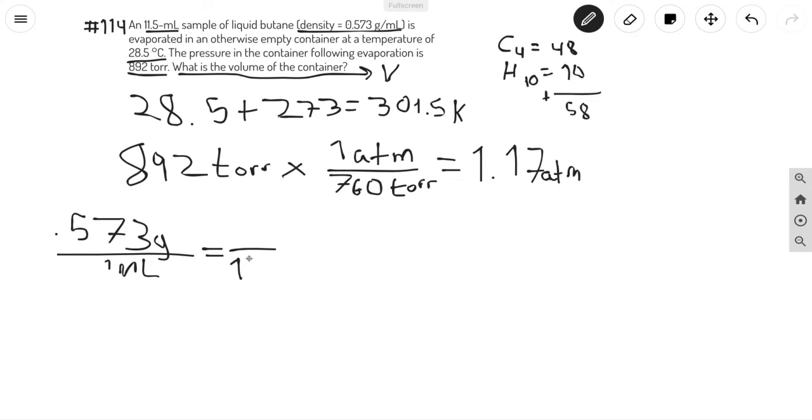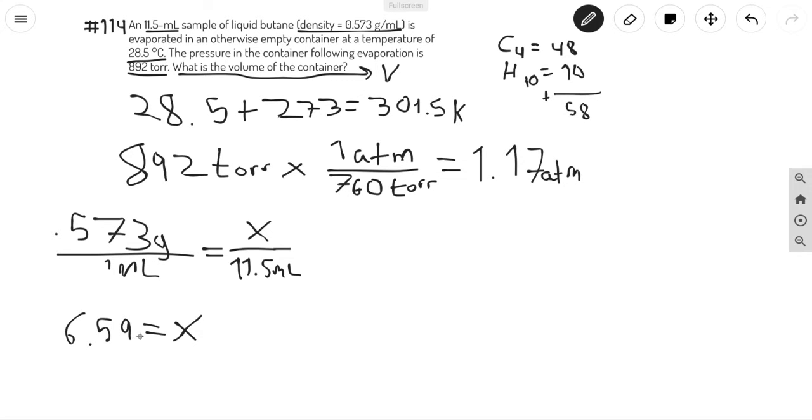So I'm just going to write 11.5 ml. And then we want to find out the amount in grams. So we're just going to be solving for x. And then to solve, you would just multiply both sides by 11.5. And then you're going to get 6.59 equals x. So this number represents the amount in grams of an 11.5 milliliter sample of liquid butane.